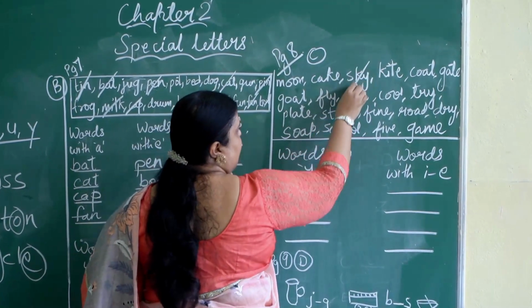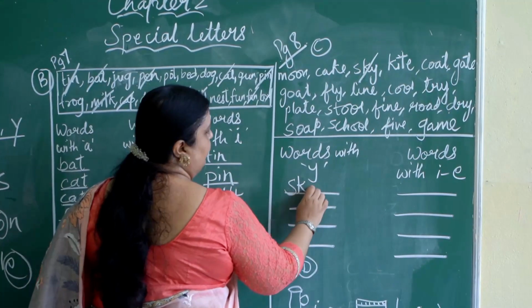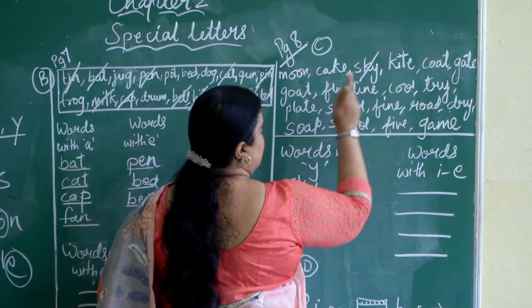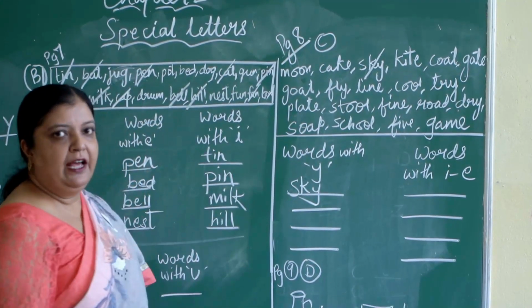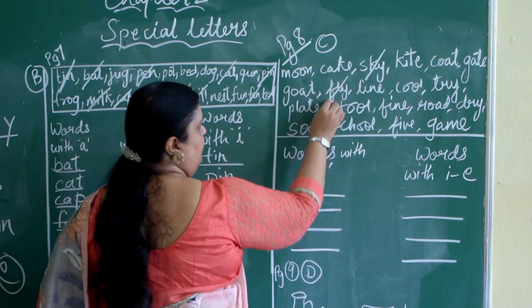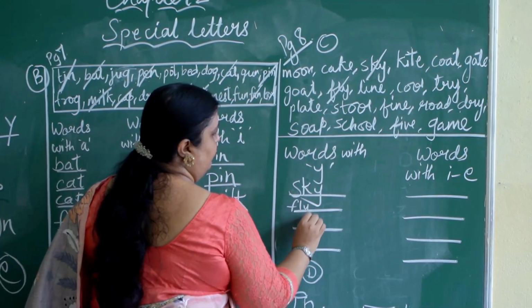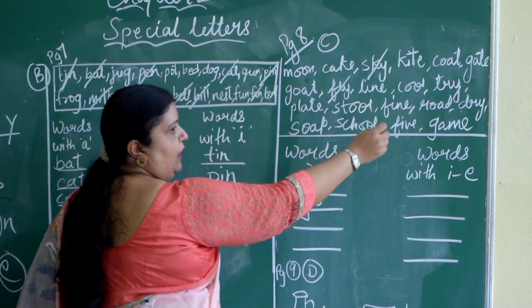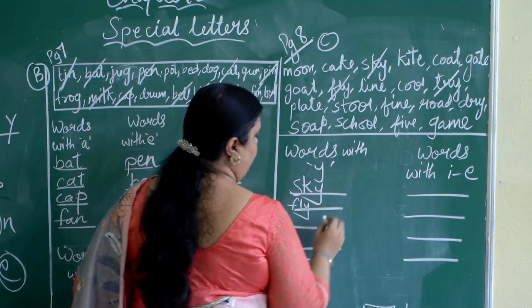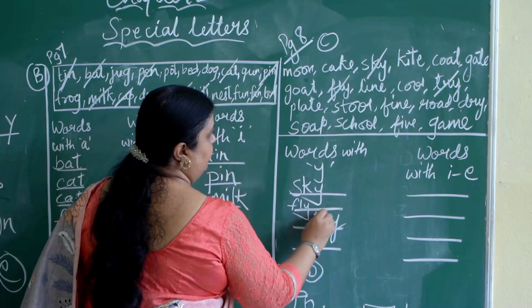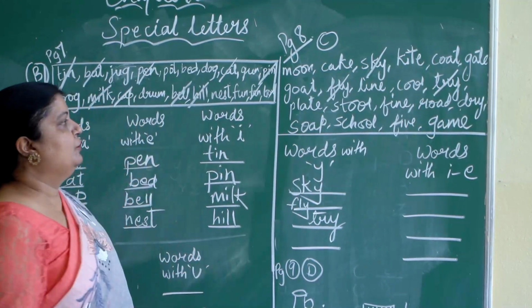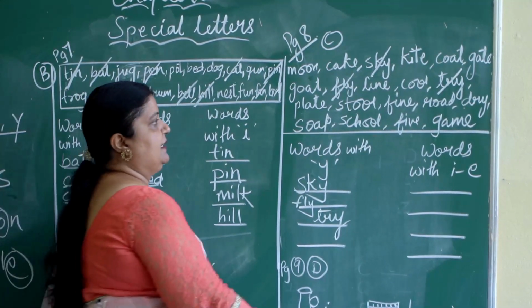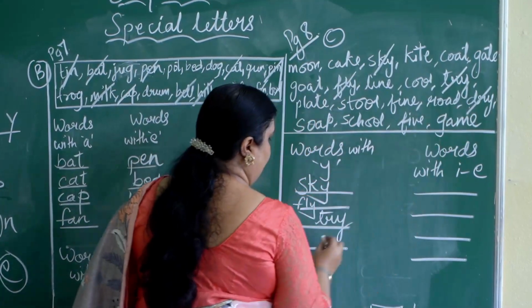Sky has special letter Y. Then kite, coat, gate, goat, fly. Fly has special letter Y. Then line, cool, try. Y is the special letter again in this word. Try. Then plate, stool, fine, road, dry. Dry has the special letter Y.